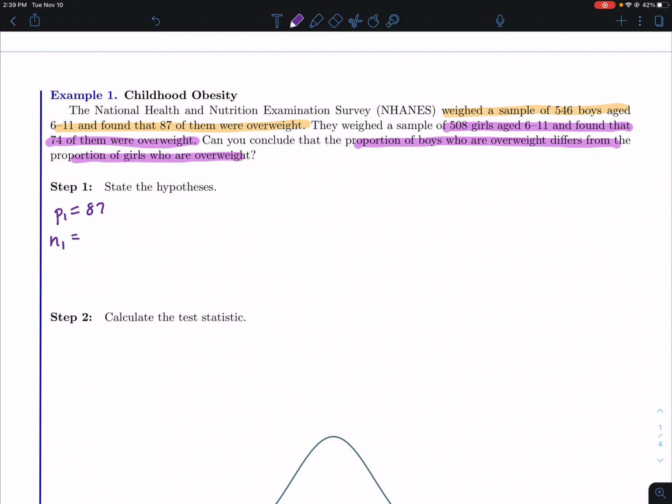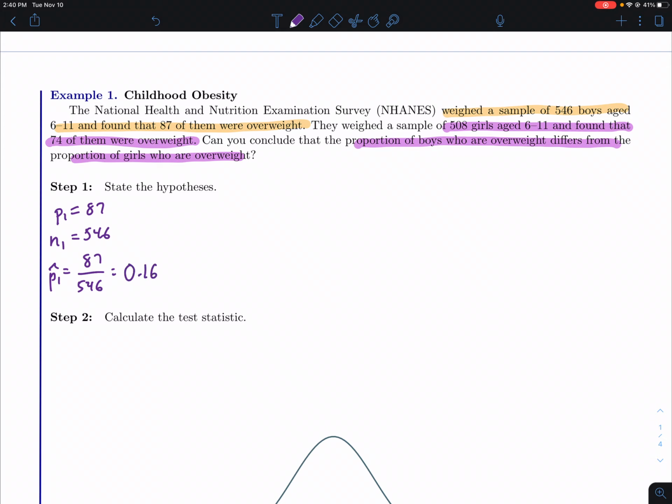Our n1 is the 546 total that were surveyed. Our P1 hat is just going to be 87 over 546, which if we type in the calculator, is about 0.16.